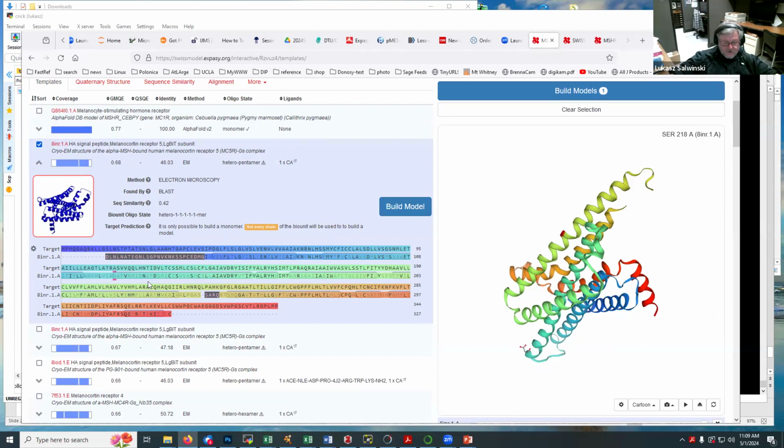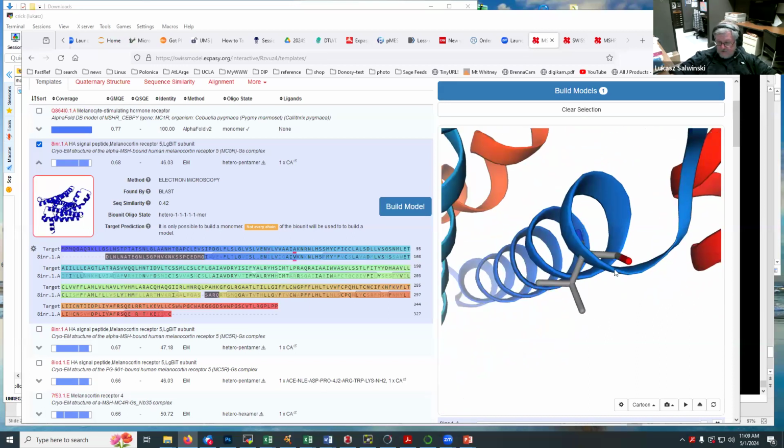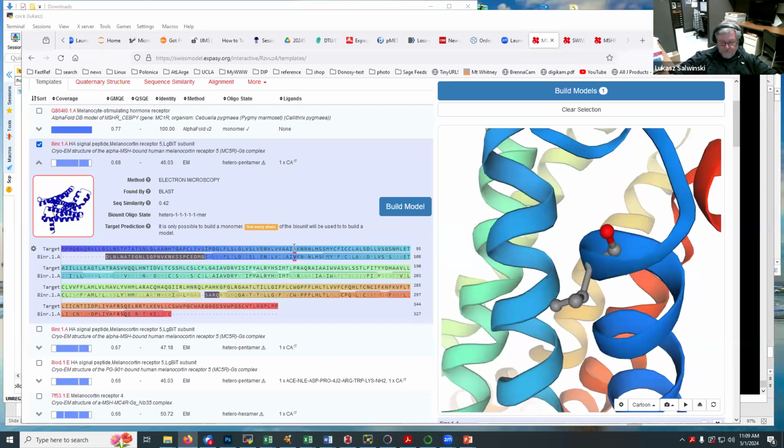We can see what's the sequence. We can look at different positions along the sequence, both in our target sequence and the sequence of the model, and highlight the position of the residue we're interested in. So this way we can inspect the template.